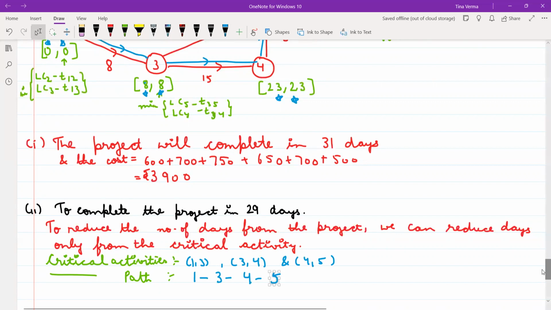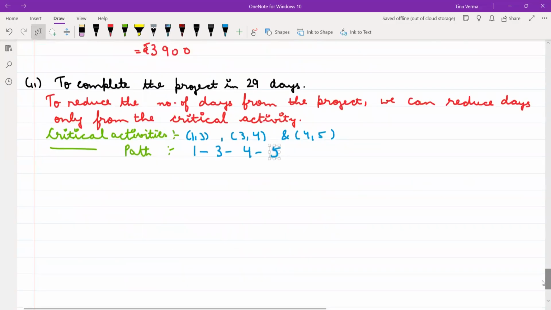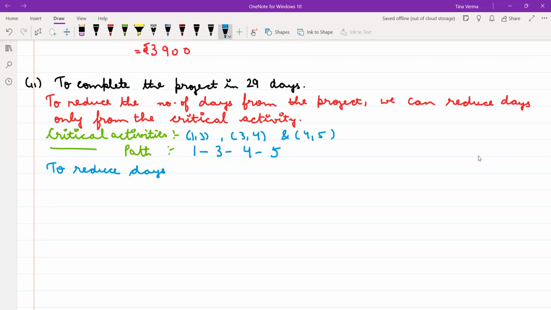अब आपके पास तो critical activities, you have now 3 critical activities. किसमें से reduce करें कि आपकी cost minimum ही रहे? ज़्यादा तो नहीं pay करना चाहोगे? You have to pay minimum. So you have to select that the minimum of the slope from the critical activities to reduce days from critical activities.